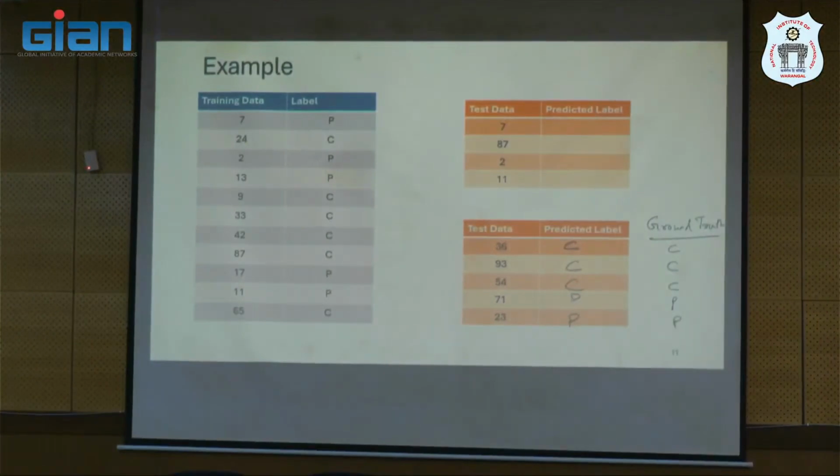It may so happen that you predicted like this. So you have got 1, 2, 3, 4 correct, one of them incorrect. So the prediction accuracy would be 4 out of 5, which is 80%. Okay. So the terminologies are clear, right? So that is how we will quantify the accuracy of prediction: how many we could correctly identify compared to our ground truth. So we need to know this to be able to check.